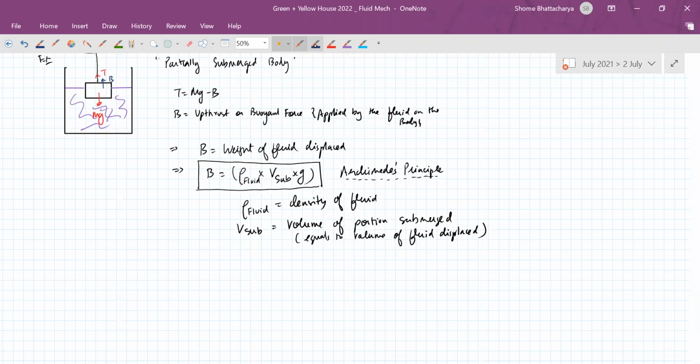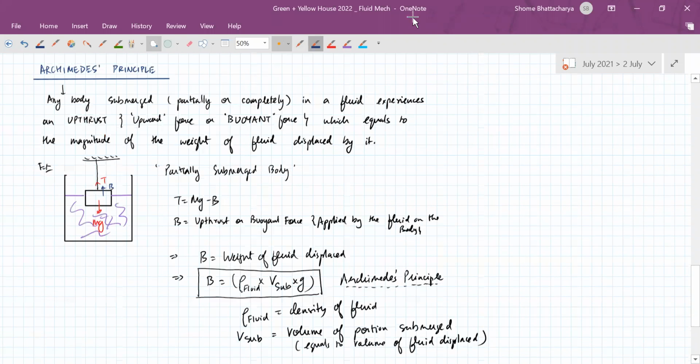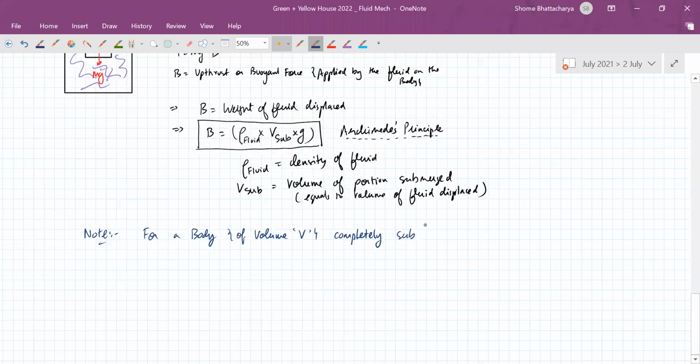Okay, so additionally, if we have a completely submerged body of volume V, then the buoyant force acting on it is the density of the fluid into volume submerged into g.